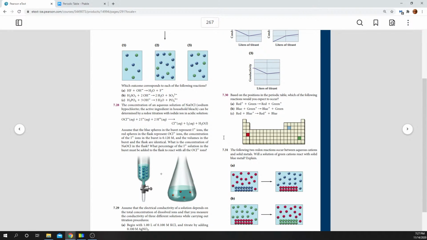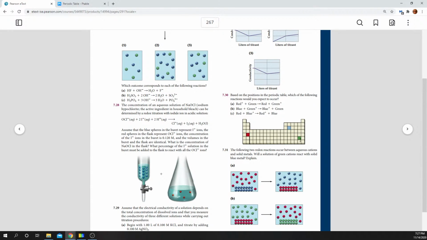Red plus green goes to red plus green plus. No. Absolutely not. Because green is a halogen, and red is an alkaline earth metal. You're definitely not going to oxidize a halogen. No, it's not going to happen.